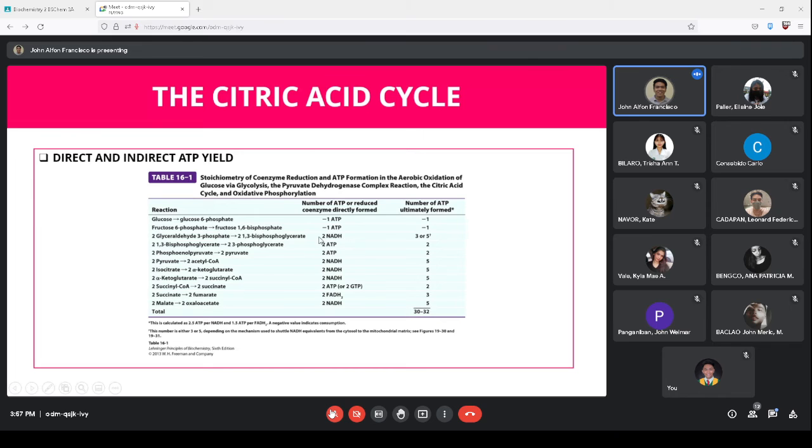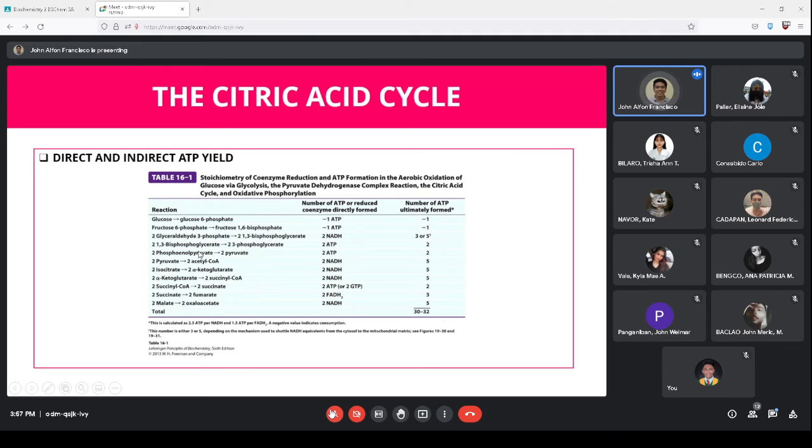Meron din pala dito kasama ang glucose, right? So, meron kang glucose to glucose 6-phosphate. You use 1 ATP. So, generated ka ng negative 1. Gumamit ka ng ATP. F6P to F16 bisphosphate. You use another ATP. So, may utang kang ATP.